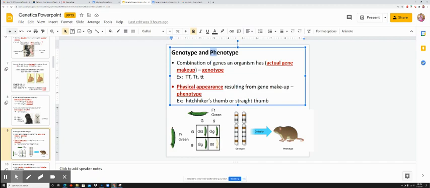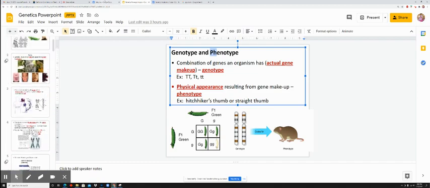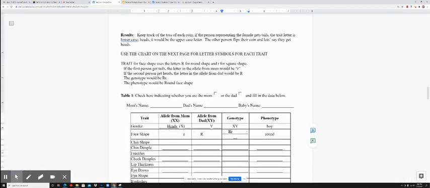If you take a photo of someone, you see your physical appearance. These terms will help you understand the baby lab more. For example, you can say the baby is heterozygous for face shape, and its genotype is big R, little r, and the phenotype is round shape.